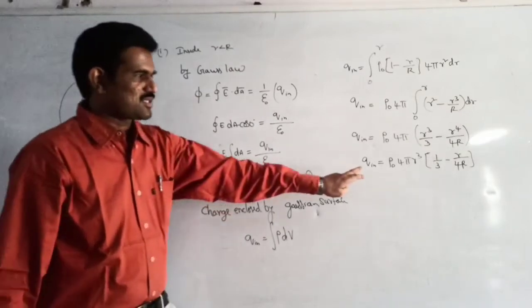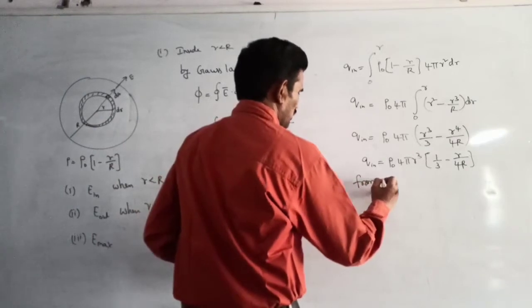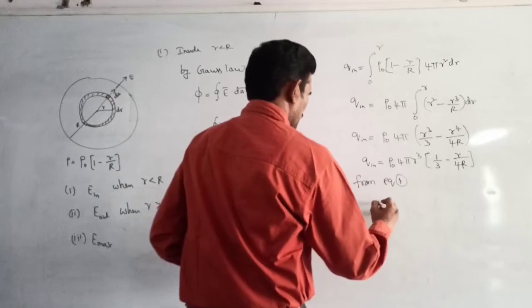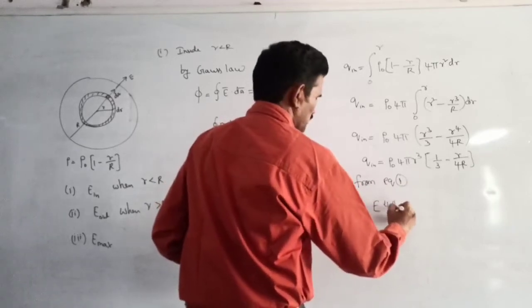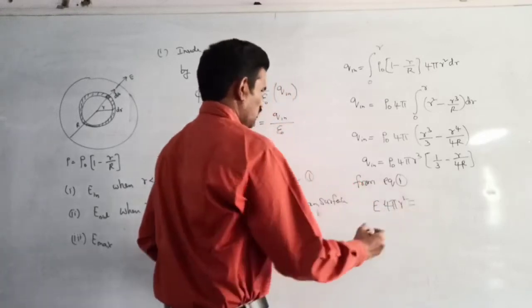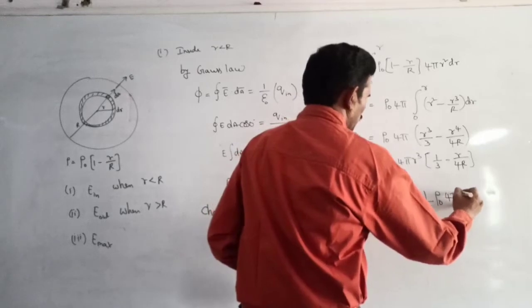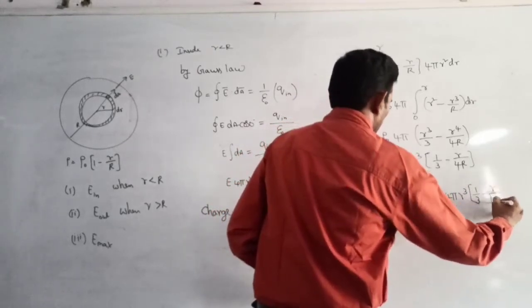So substitute this charge enclosed in this equation here. Therefore from equation 1, E into 4 pi r square is equal to 1 by epsilon naught times rho naught into 4 pi r cube into 1 by 3 minus r by 4R.